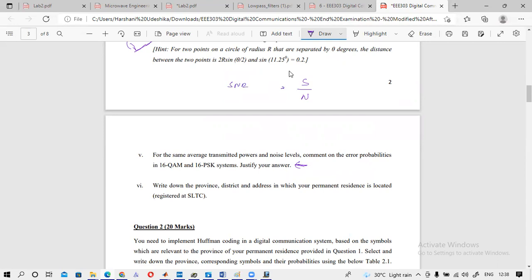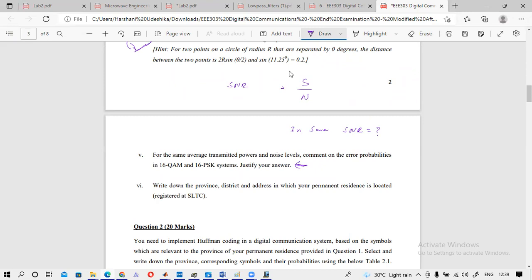So we are talking about the same SNR value, and we have to comment on error probabilities. We have to say which one has higher error probability. That is the answer here.